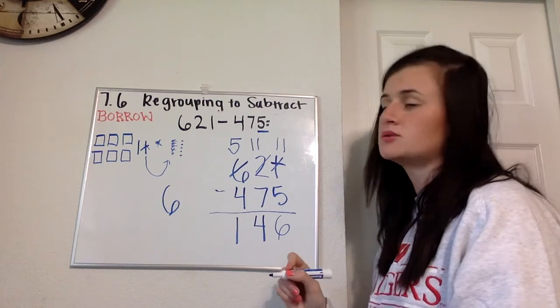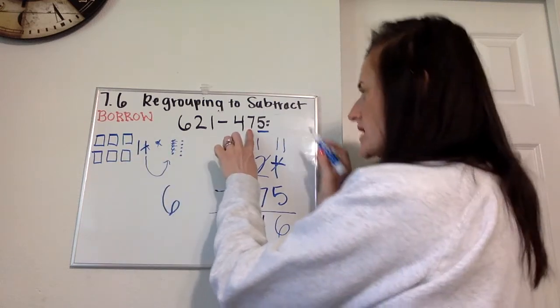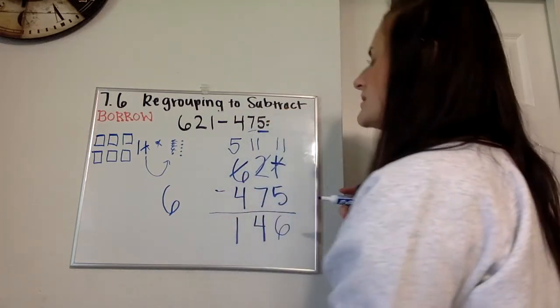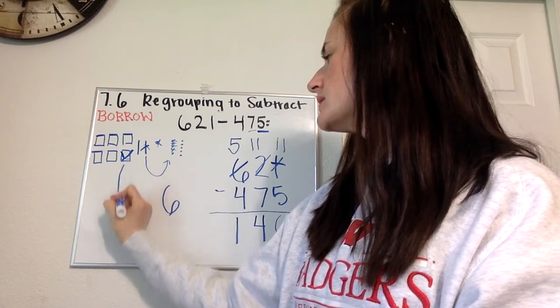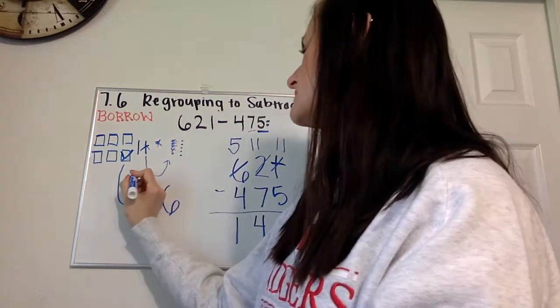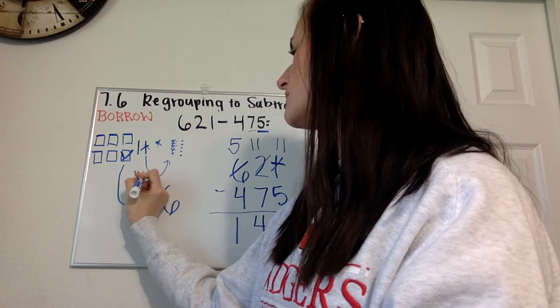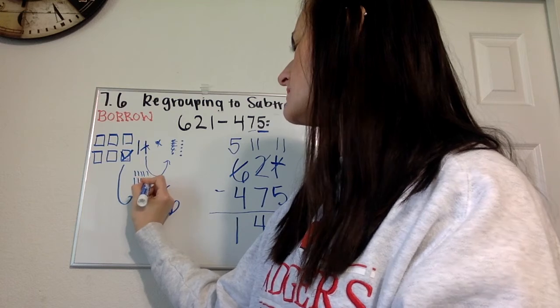Now we're going to try to take away our tens. So we have 1 ten. We need to try to take away 7. Already, you know we can't do that. So we are going to borrow 100, changing it into 10 tens. I'm going to draw it down here so I have more space. 1, 2, 3, 4, 5, 6, 7, 8, 9, 10.